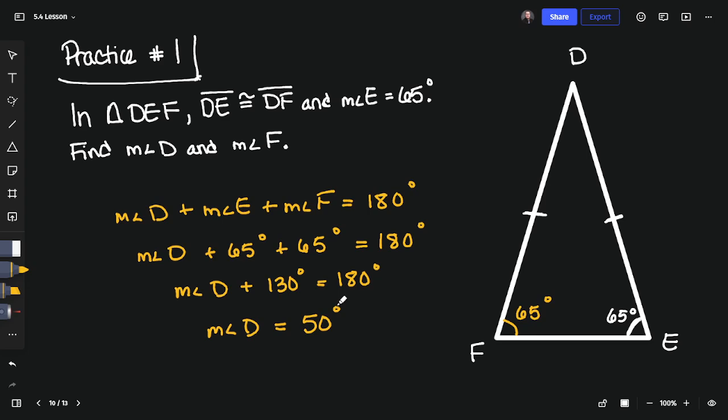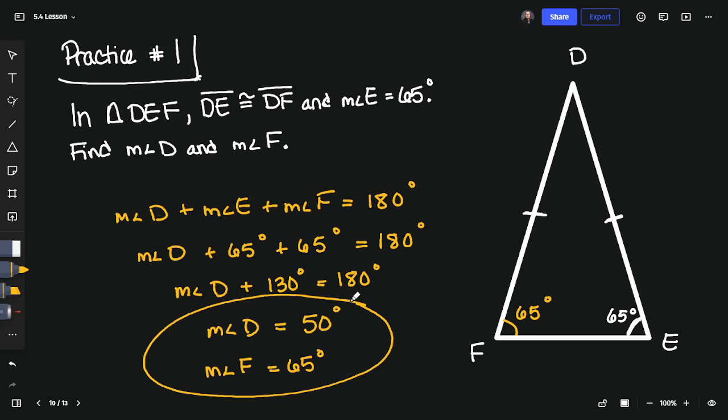And since we already said that the measure of angle F is also 65 degrees, we have finished the problem. Because our problem only asks us to find the measure of angle D and the measure of angle F, and we have completed that task.